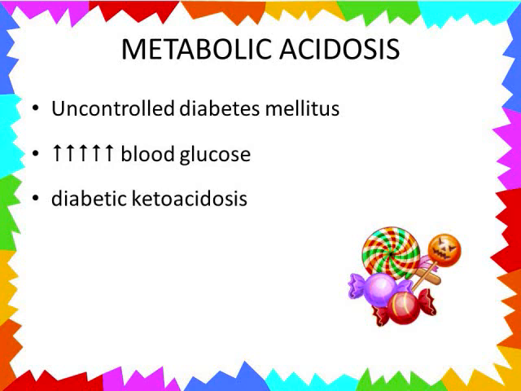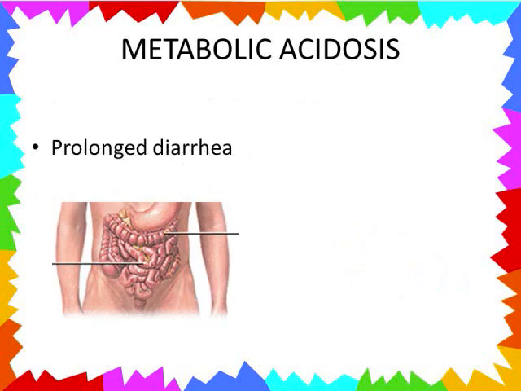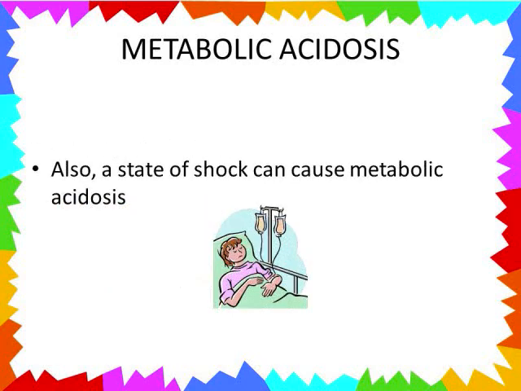It can be quite dangerous, and it's associated with people who have uncontrolled diabetes. Prolonged diarrhea can cause the body to lose bicarbonates and therefore cause metabolic acidosis. And the final one that I'm just going to mention, we'll learn more about it later, is that if someone is in shock, that can cause metabolic acidosis.